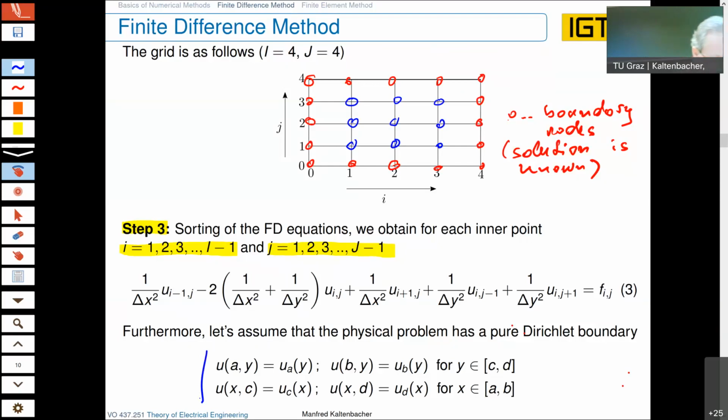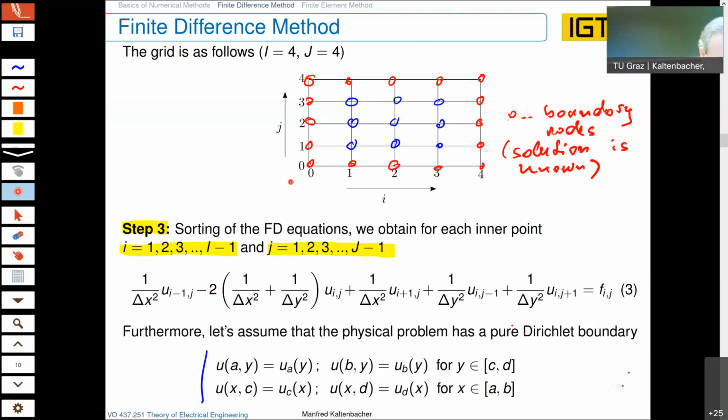And that means really along these red nodes, we know the value. So the full boundary is a Dirichlet boundary where we already know our unknown u by UA, UB, UC, and UD.